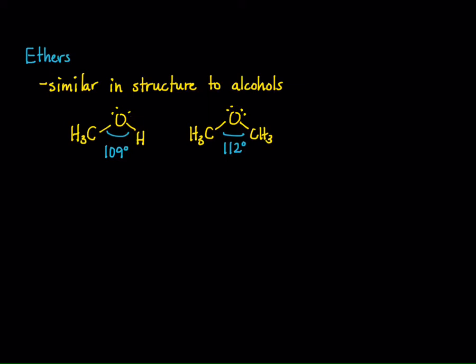As it deviates from 109.5, it starts to take on a little bit of sp2 hybridization. Not a lot, but a little bit. And so it's still maintaining most of its sp3 hybridization. We say it's nearly sp3 hybridized. Just like that of alkyl halides and alcohols, when you start to deviate from that bond angle, then you're introducing a little bit of different hybridization.